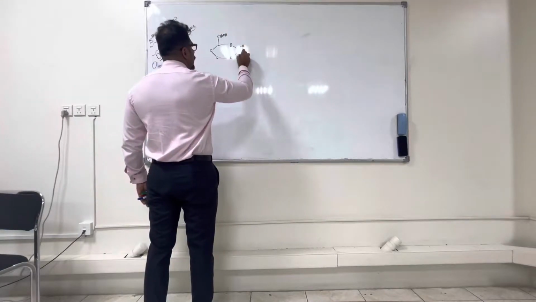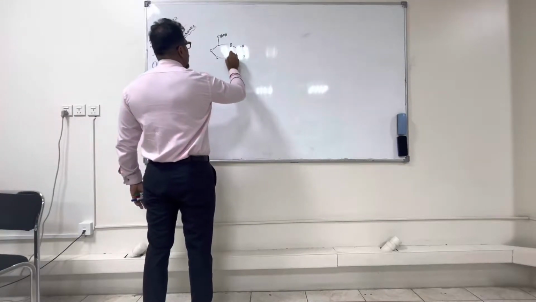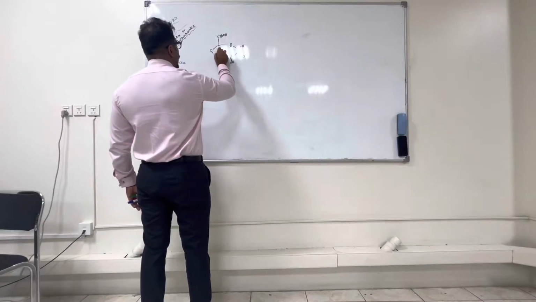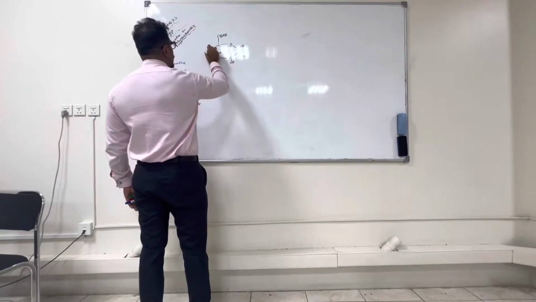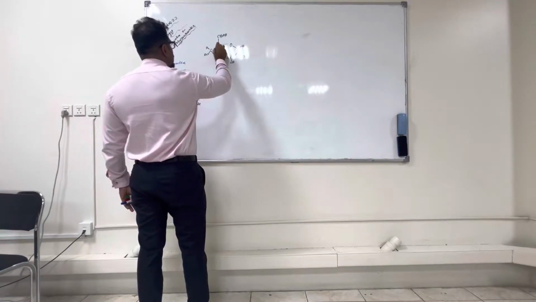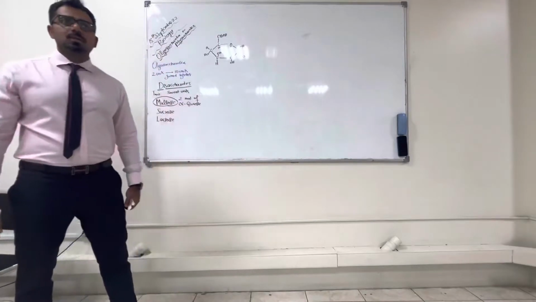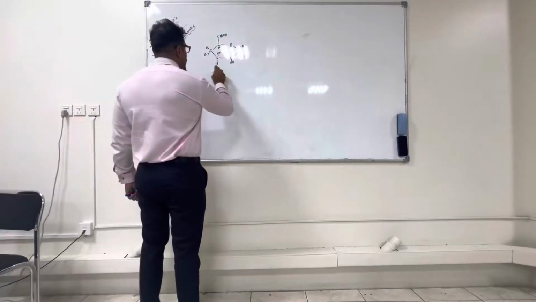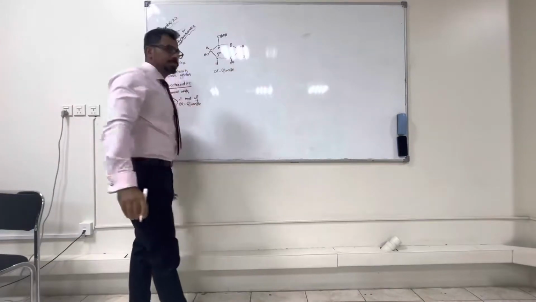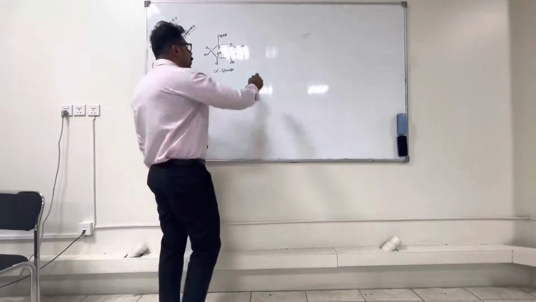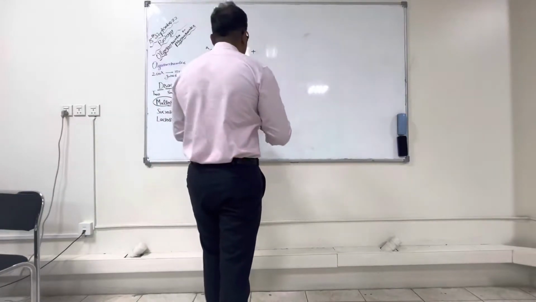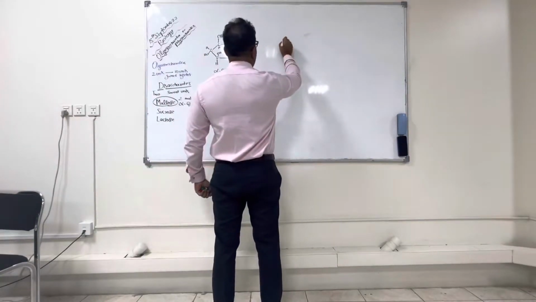Now, if you guys remember, and you have practiced the structure of glucose, this is the alpha glucose. Do you remember? So this is one alpha glucose molecule. Now this one alpha glucose molecule has to join or react with a second alpha glucose molecule.